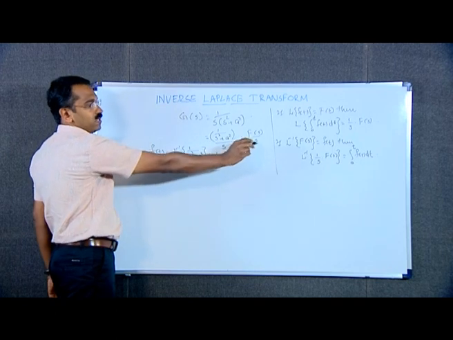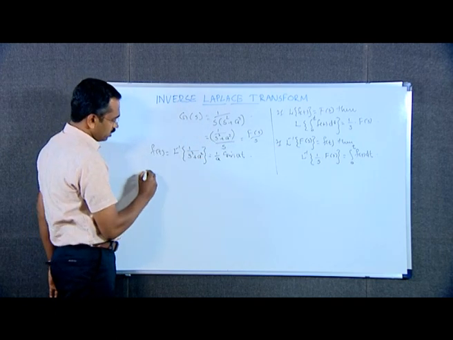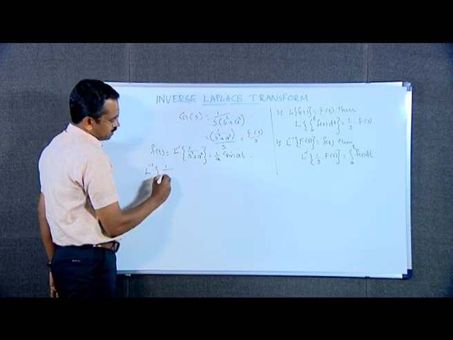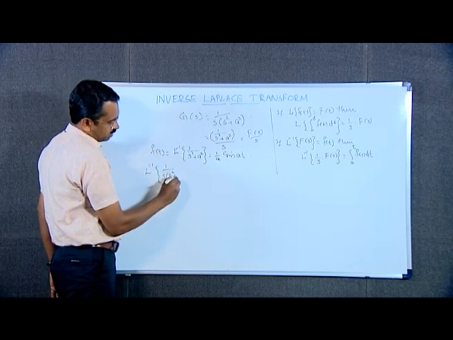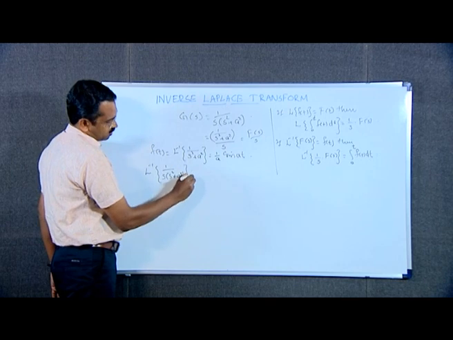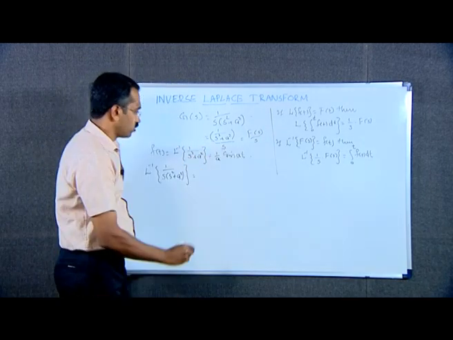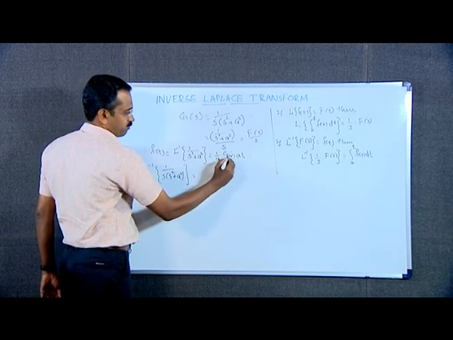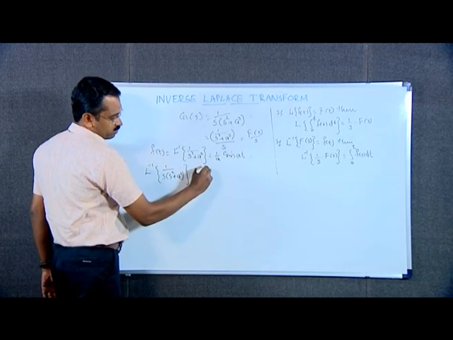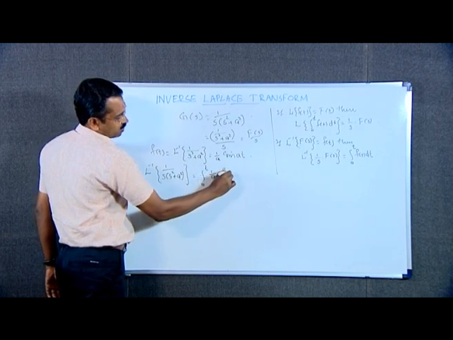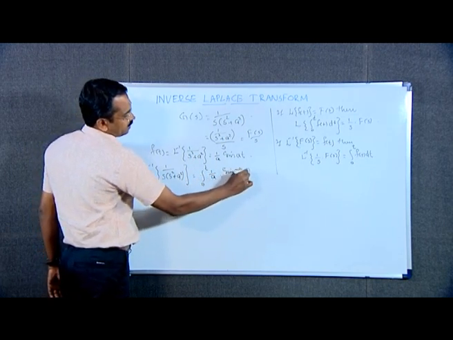Therefore, by this property, L inverse of 1 by s into s square plus a square can be written as integral from 0 to t 1 by a into sin a t dt.